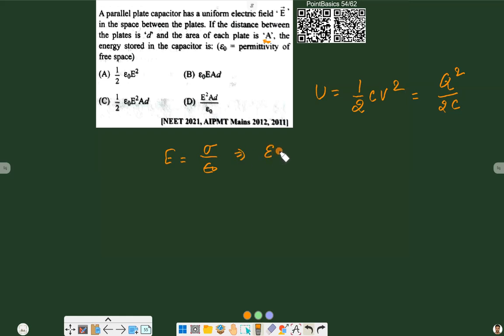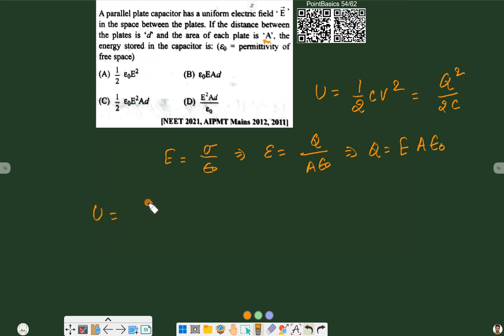So E is equal to Q by A epsilon naught, and from this Q becomes E times A epsilon naught. Now we will use this formula because we have value of charge, and we will directly put this value.